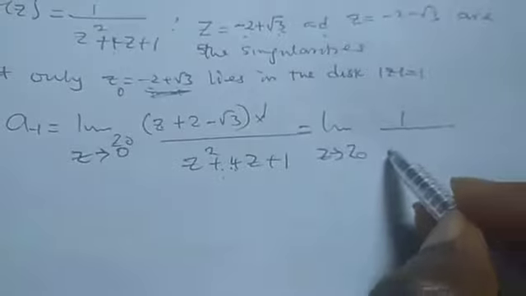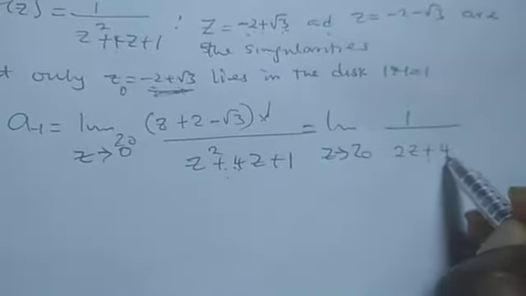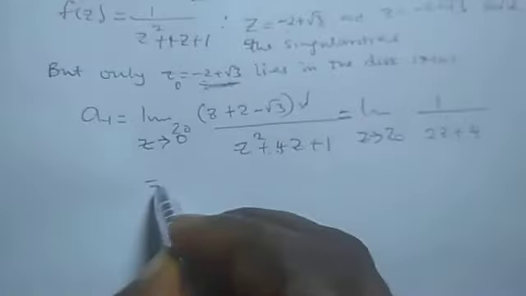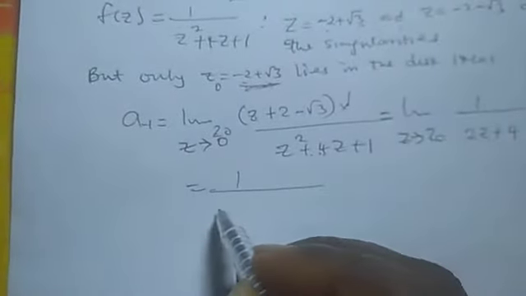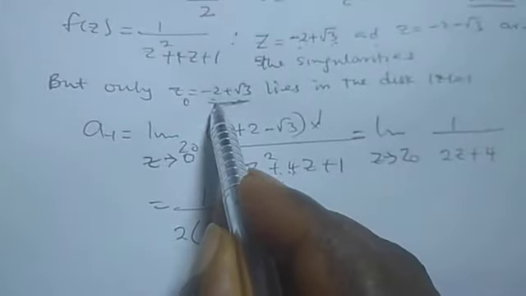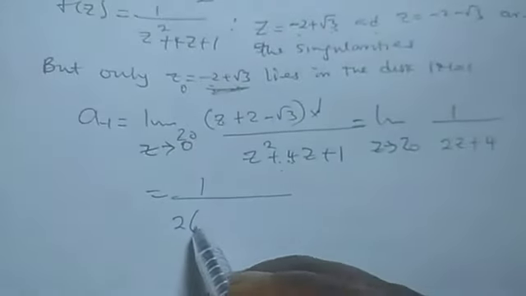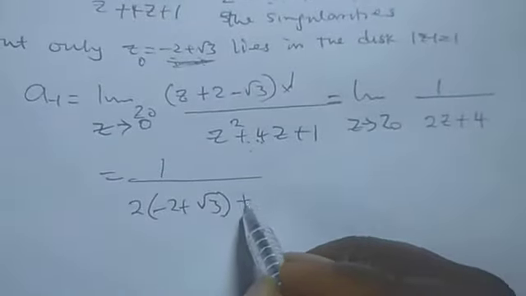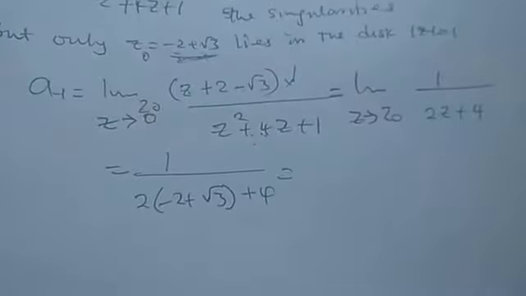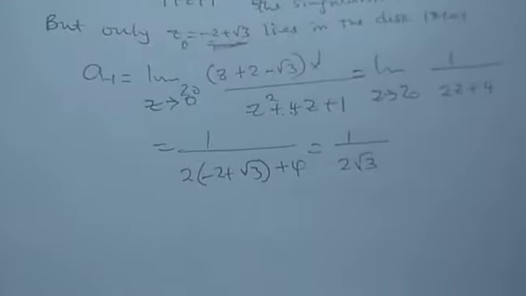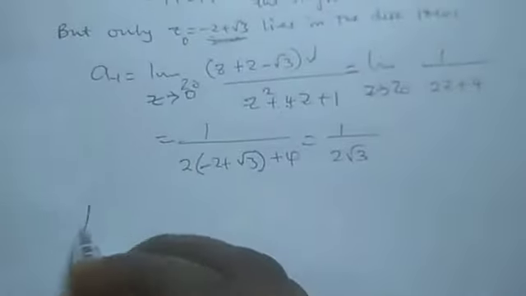We differentiate the denominator, and this is 2z plus 4. So I can now substitute the value. This will be 2 times our z naught, minus 2 plus root 3, plus 4. And when we simplify, we are going to get 1 over 2 root 3. So we have now found our residue.